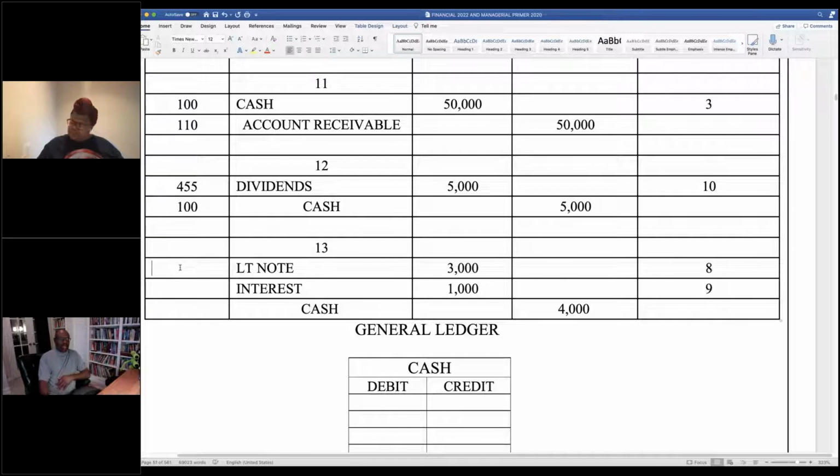So what's our account number for long-term notes? 350. What's our account number for interest? 680. Cash is 100.